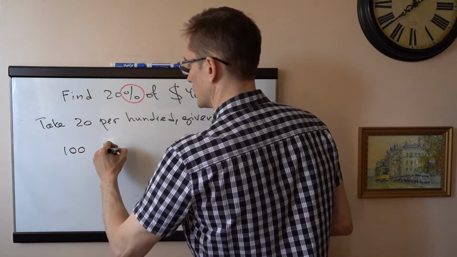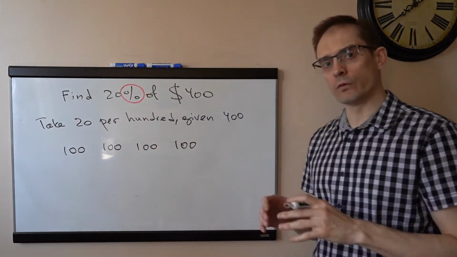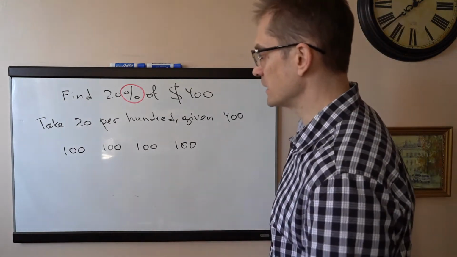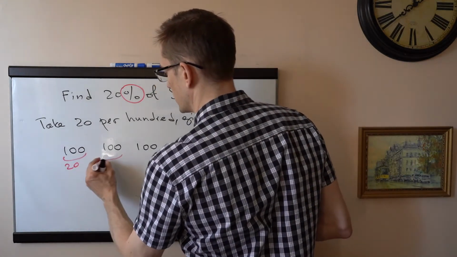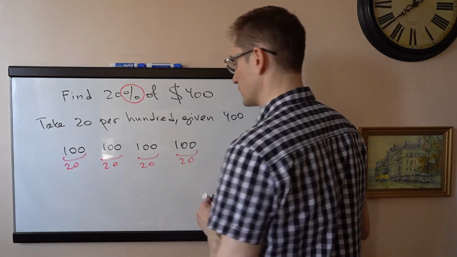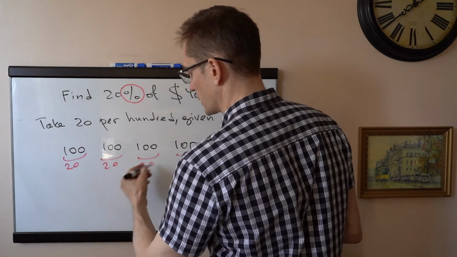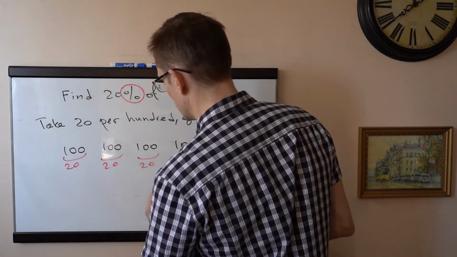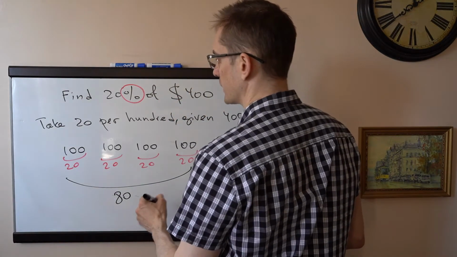100, 100, 100, and 100. You are given 4 hundreds. And we'll take 20 out of each 100, right? So 20 from here, 20 from here, 20 from here, 20 from here. In total, if you connect all these 20, 20, 20, 20, you get 80, right? So in total, it is 80.